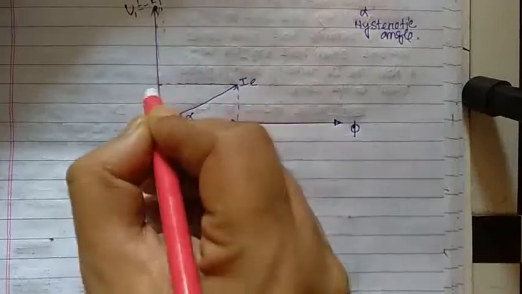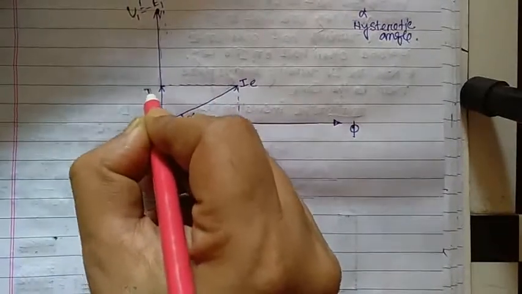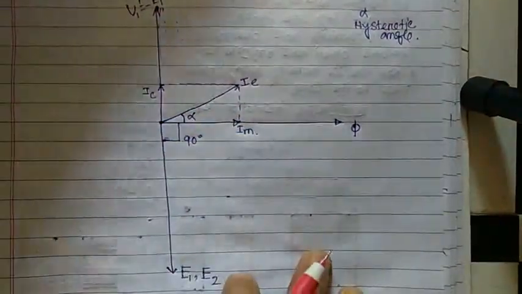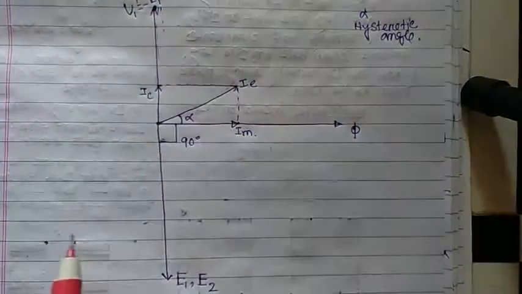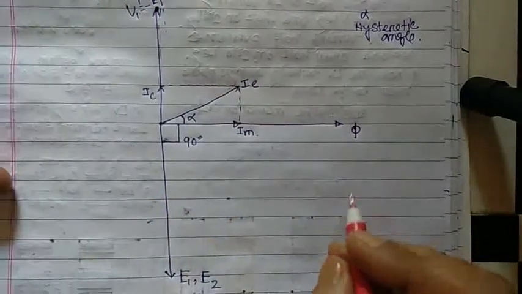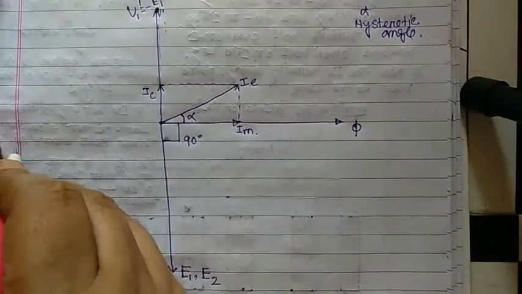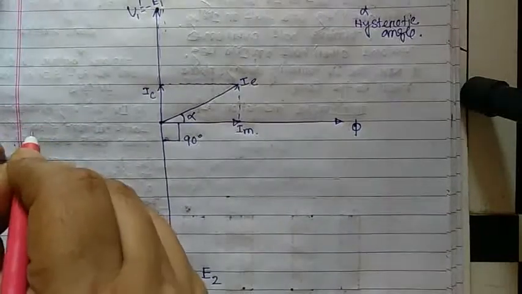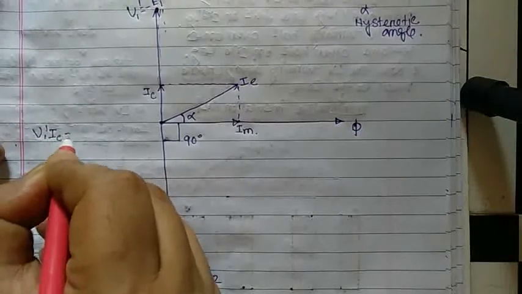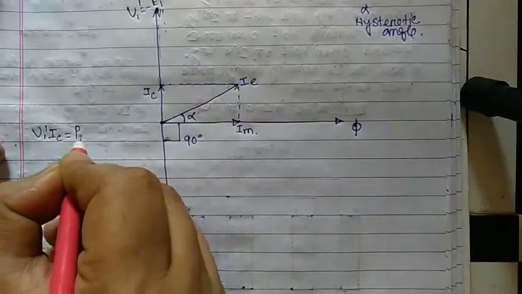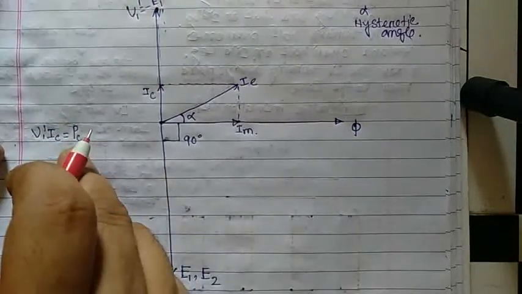It is in phase with V1 dash so that it gives the core loss. So from this phasor we simply write V1 dash into IC is nothing but PC, that is core loss.